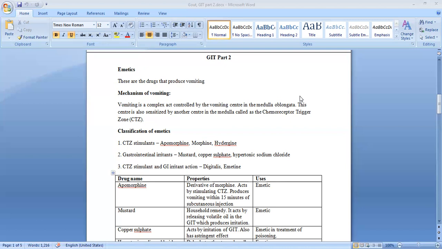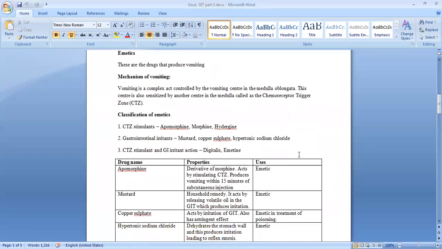They will irritate the GIT, and because of that, they will cause vomiting. And then there is a third category of drugs which have a combination of both these actions. They will stimulate the chemoreceptor trigger zone and they will also irritate the GIT, because of which vomiting is induced. Examples for those drugs are digitalis and emetin.